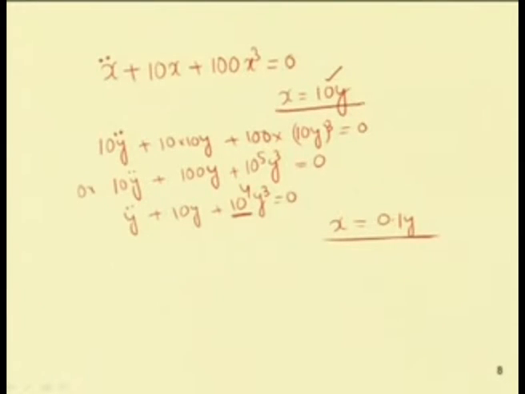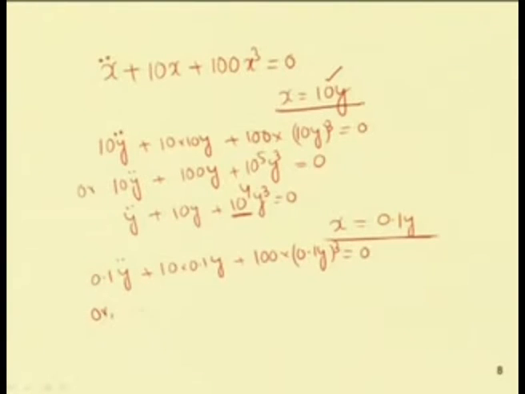So, in this case my equation will reduce to 0.1 y double dot plus 10 into 0.1 y plus 100 into 0.1 y cube equal to 0.